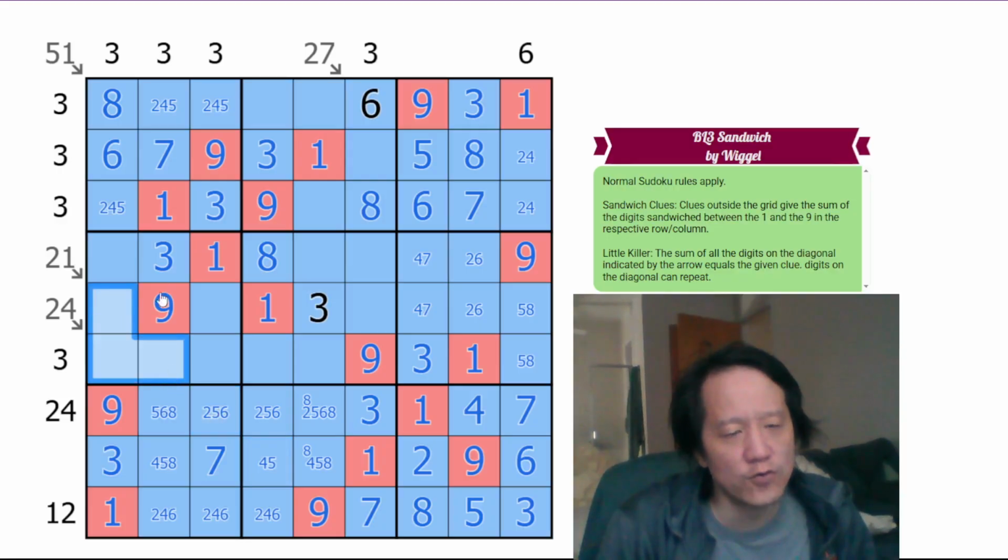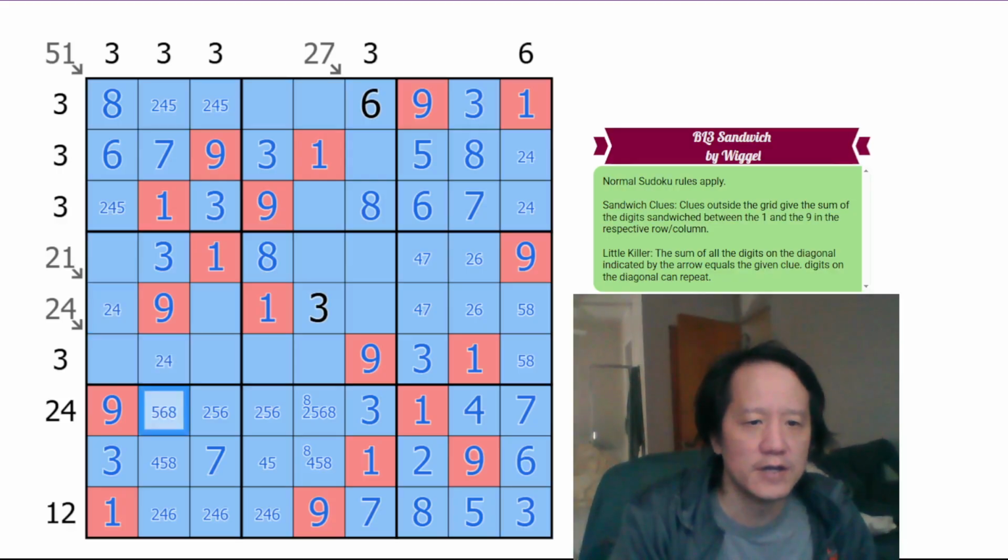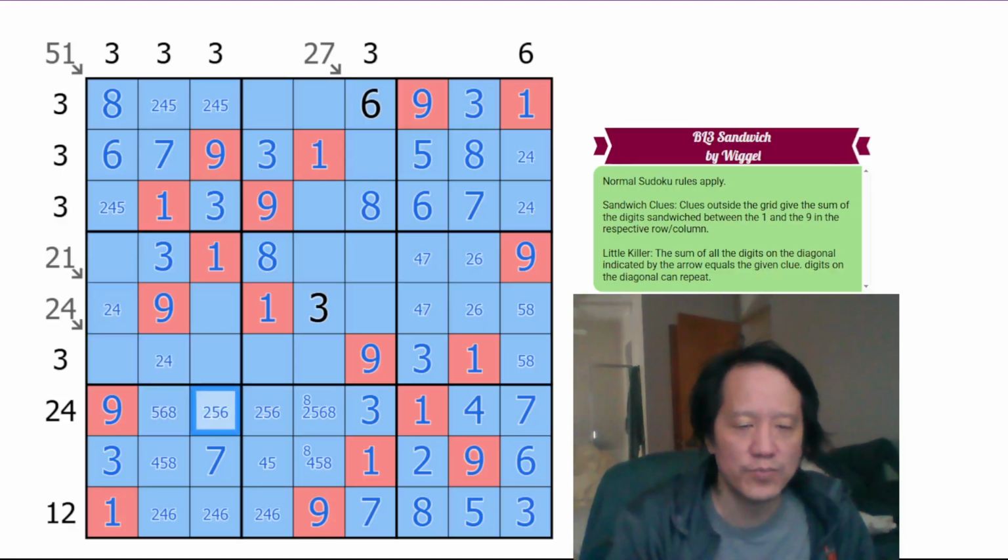You have 2 and 4 because you can't have a 3. So that's 6, and 12. Plus 9 is 21. Since this is the minimum and that's the actual amount we need, this has to be a 2-4 pair. And this must be 2 and 4.